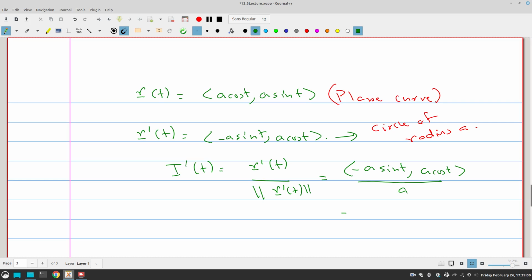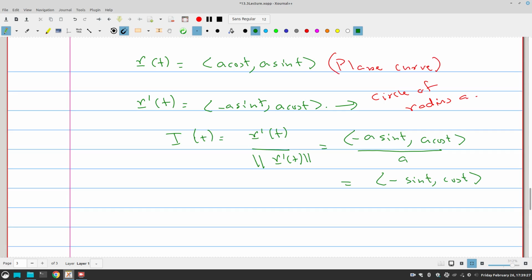So this is equal to negative sine t, cosine t. I'm so sorry, this is not T prime t, this is T of t, the unit tangent vector, right? So T prime t equals negative cosine t, negative sine t.